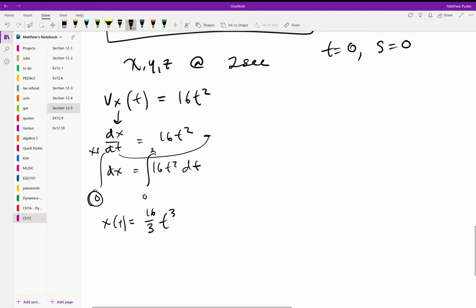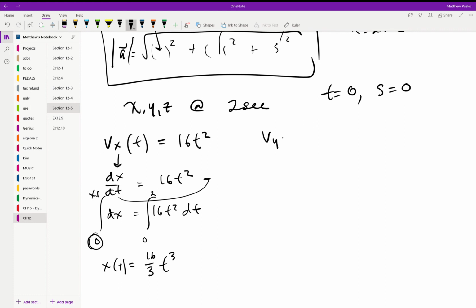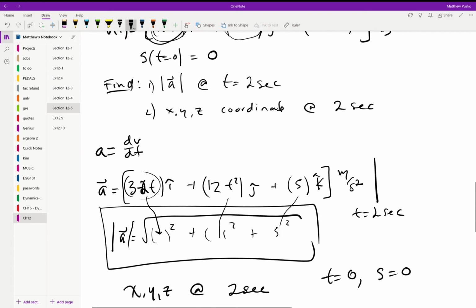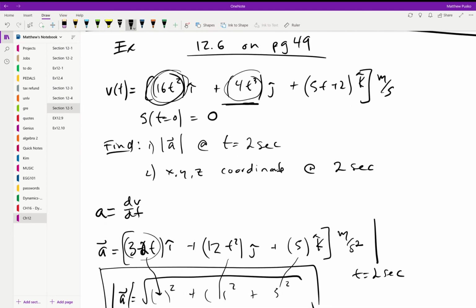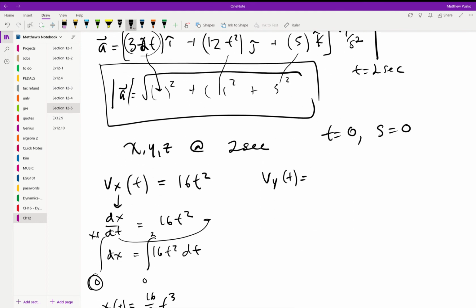Okay, so if I wanted to do that for the y coordinate, velocity in the y direction, I would take 4t to the third, do the same thing, dy dt this time is equal to 4t to the third, move that over, dy is equal to 4t to the third dt, and now we can integrate.